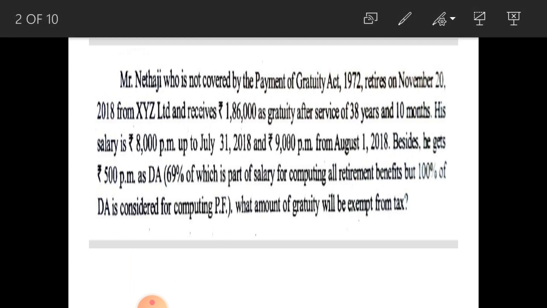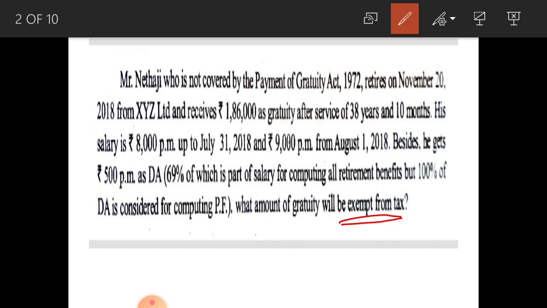Here they are not asked to calculate taxable gratuity, here they asked to calculate the exempted amount of gratuity. That means the least of the following, only that much you have to calculate here.